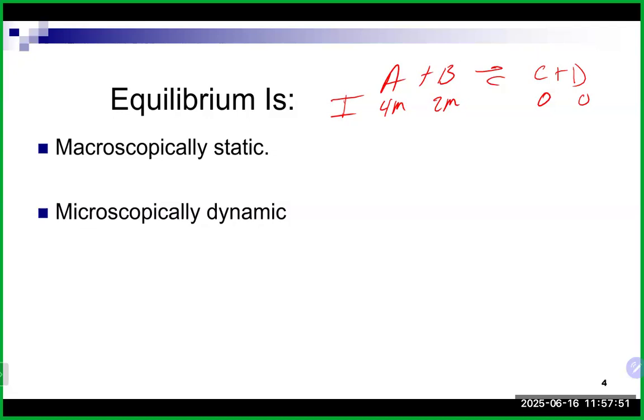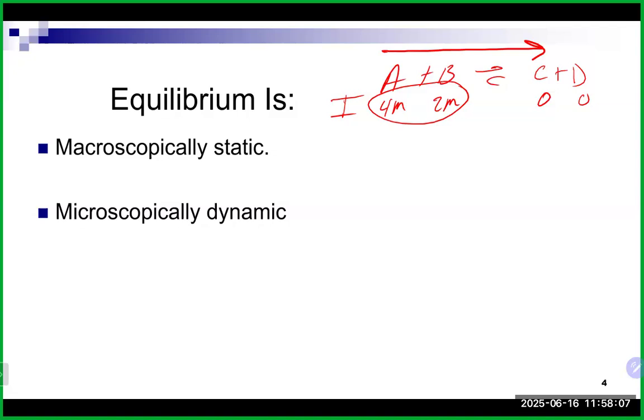It would only have one option. You only have reactants, which means at the beginning all you would have happening is the forward direction, right? Because you have no products available to even make reactants and do the reverse direction. So it's all going to be in the forward direction.